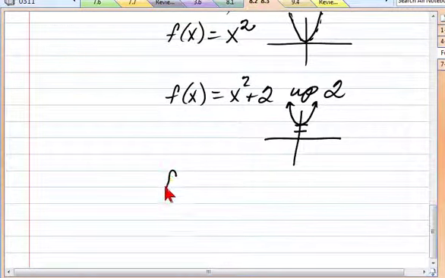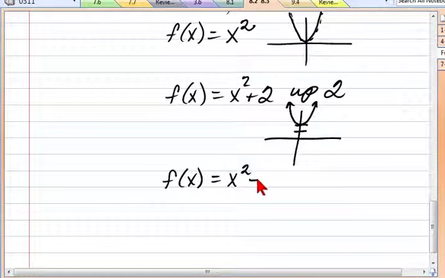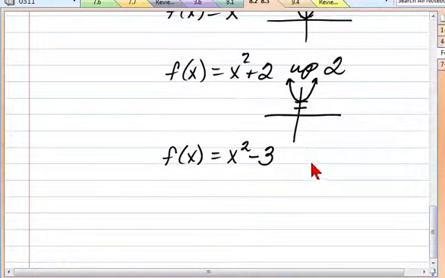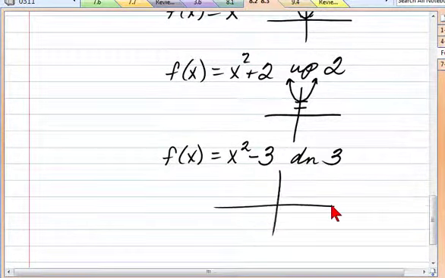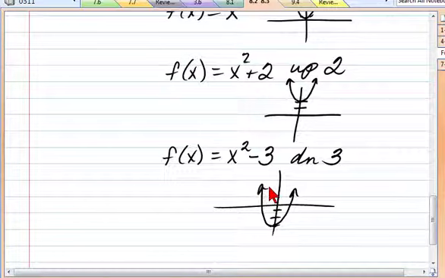What if I said, would you sketch f of x is equal to x squared minus 3? It will pull it down. It's still the squaring function, but it will go down 3 units. So 1, 2, 3, and I'll draw my U down here. So there's a change, there's a transformation, but we know what to expect.